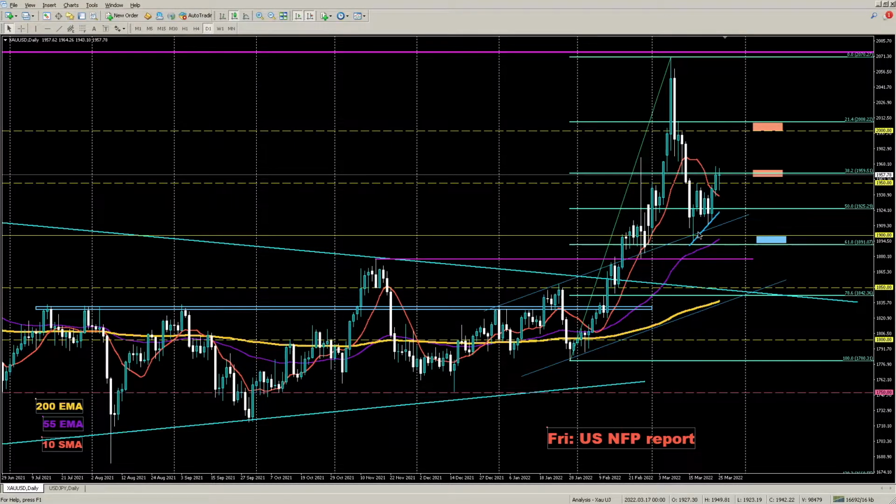It did bounce off from the 1900 and this upper channel trend line. But yeah, I think we can remove this level here.